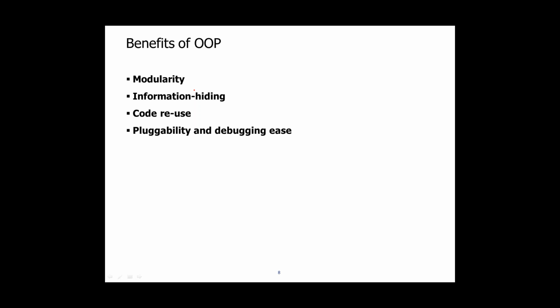There might be plenty of modules already available, and you can simply plug them into your application and start using them. For instance, you have a need for online payments in your online shopping application. For this, you can use an external component. You can purchase a component which is already available and integrate it with your application. You don't have to build it from scratch.